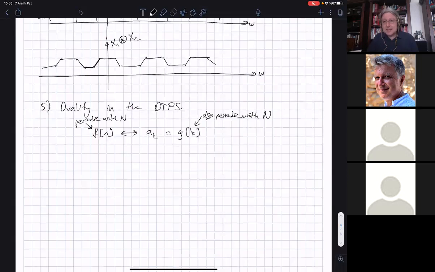Now I take this g_k and make it my new discrete time signal.